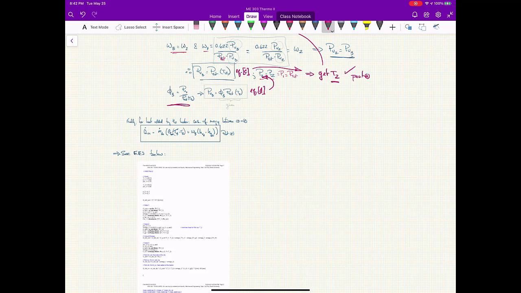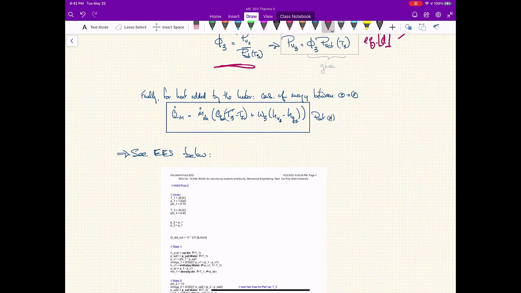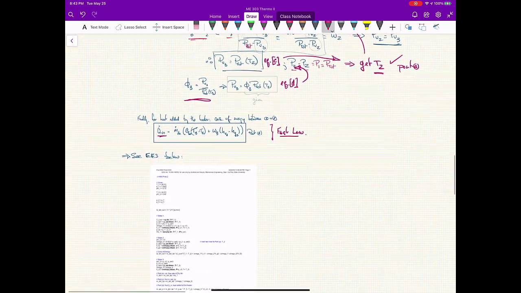The last step between 2 and 3 is another first law analysis that gives us the last unknown as a function of everything else that we know. We've fixed the state completely between 1, 2, and 3. Specifically, between 2 and 3 is all we need for this first law analysis for the heat addition process, and so therefore we can solve for Q dot in, and EES did that for us down there.